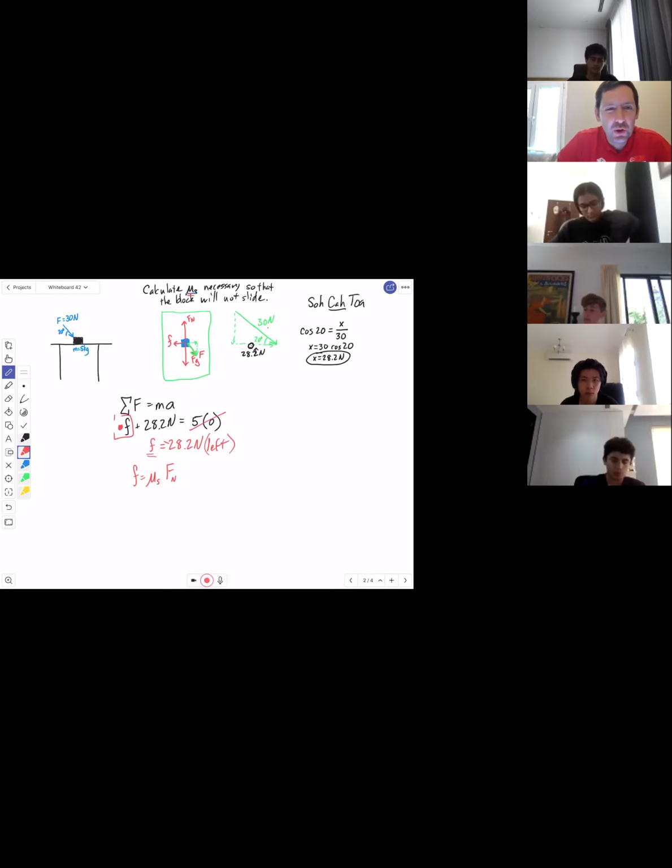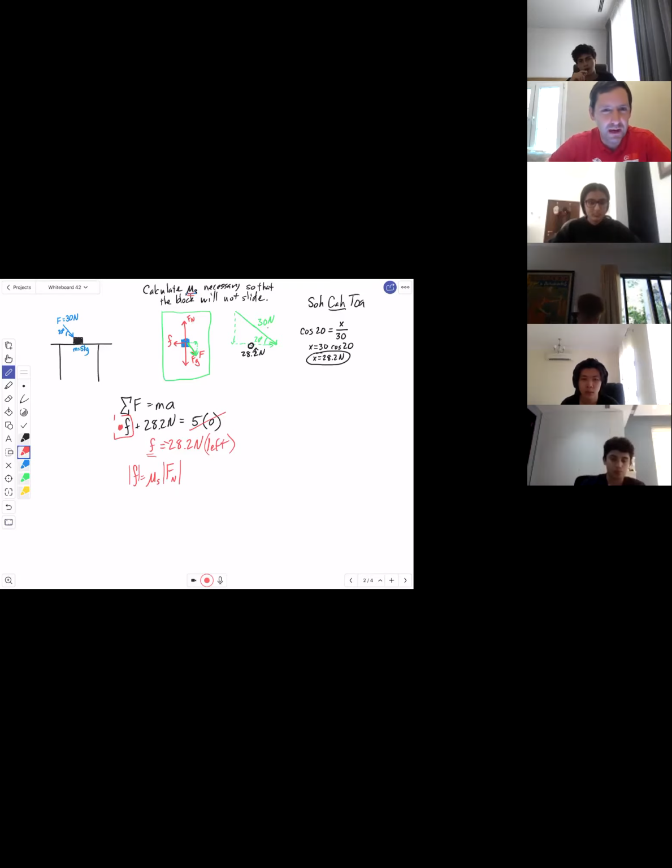Anytime you use this, because friction is going to be in one direction and the normal force is going to be in the other direction, when we put the numbers in, we don't worry about the negatives. You could make your formula the absolute value, just put in the positive numbers.